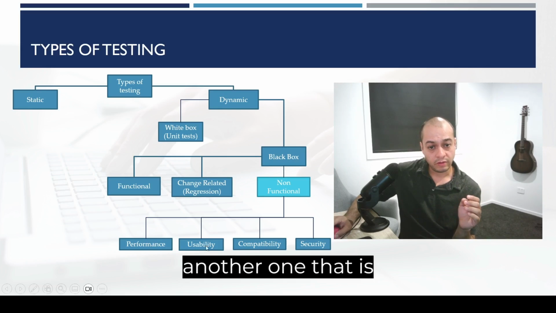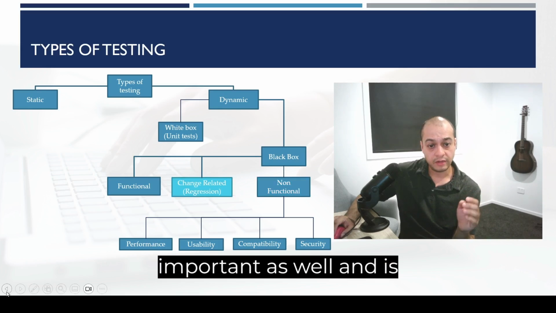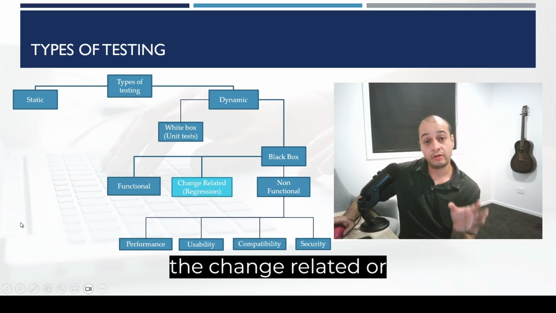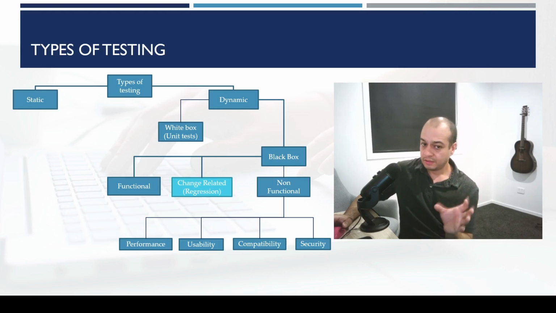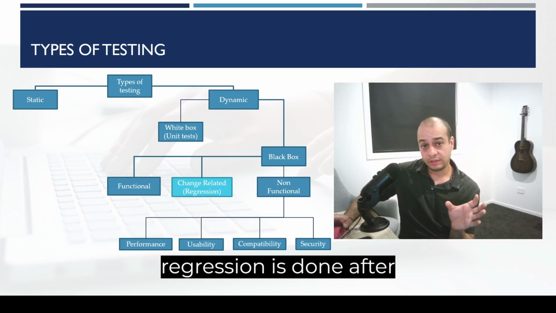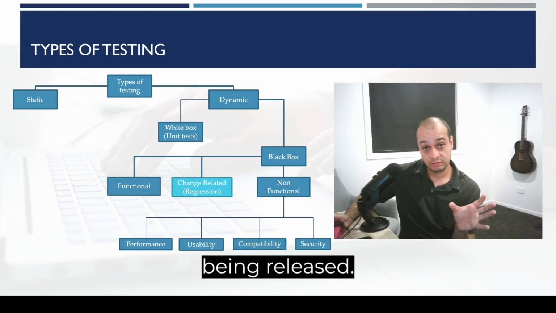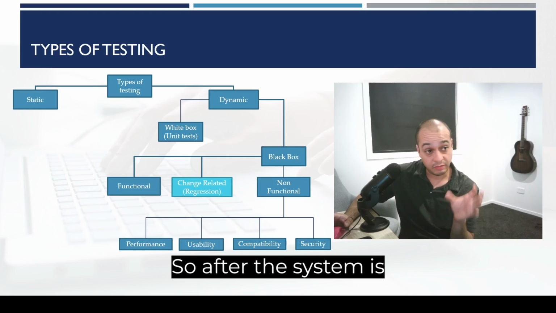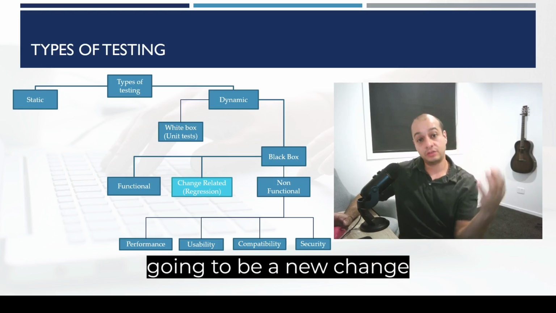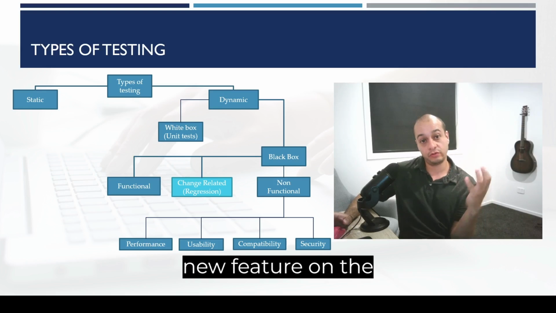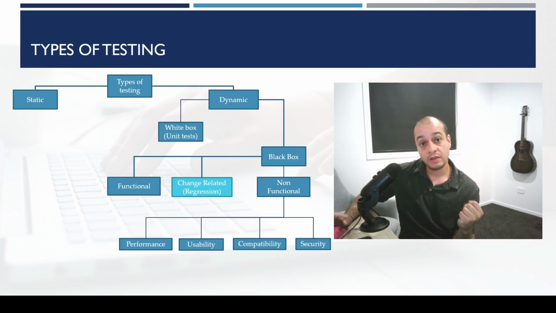Now let's talk about another one that is important as well, and that is change related or regression testing. So what is this? Change related or regression testing is done after the system has already been released to users, and there is going to be a new change, a new feature, in the application.